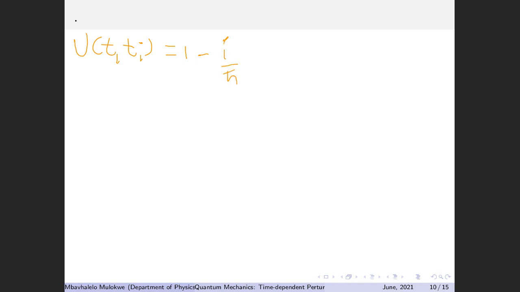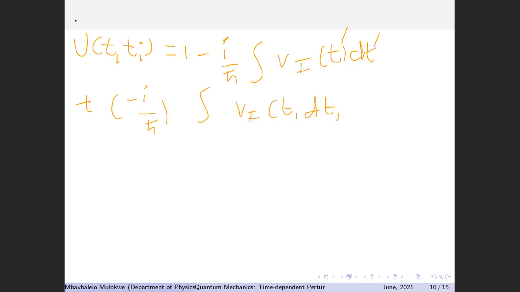You find that you get it as a series: 1 minus i over h bar integral V_I(t1) dt1, plus minus i over h bar squared integral V_I(t1) dt1 integral V_I(t2) dt2, plus dot dot. And then you inserted this into your equation for P_if.